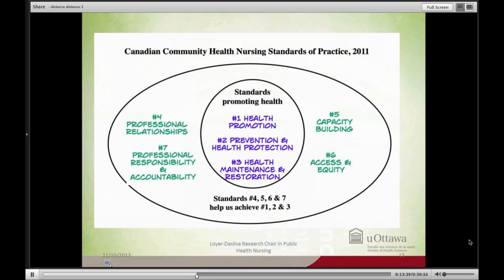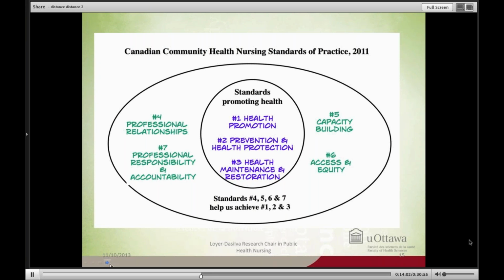I look at the Canadian community health nursing standards of practice as leading us, showing us the way in terms of addressing equity and increasing access, so building our own capacity. I look at these different standards and I can see how this links to equity work.